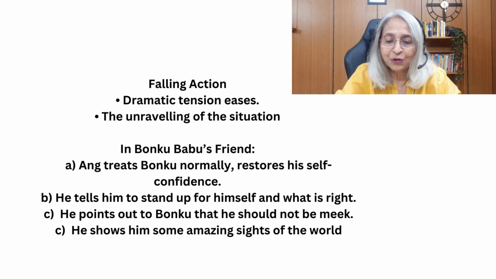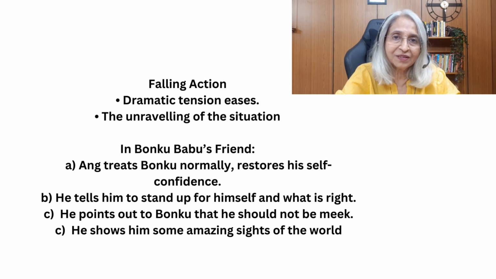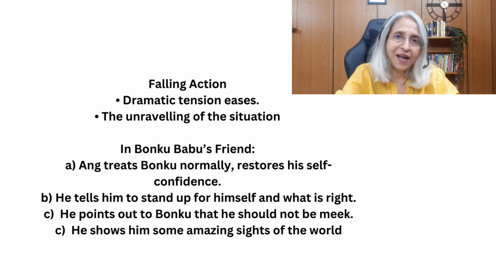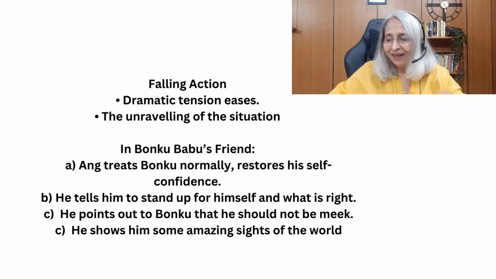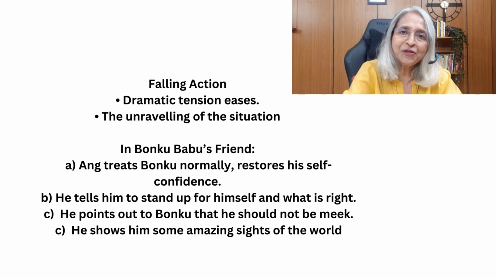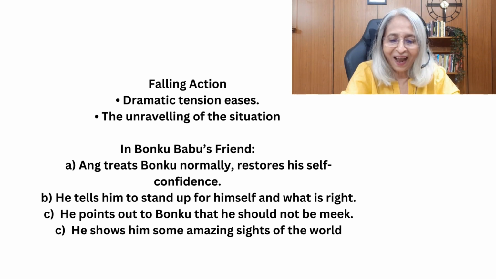And also shows him some amazing places in the world. So, all these things are part of the climax and also the falling action. All right? Because slowly after the climax, now things are getting back to normal.